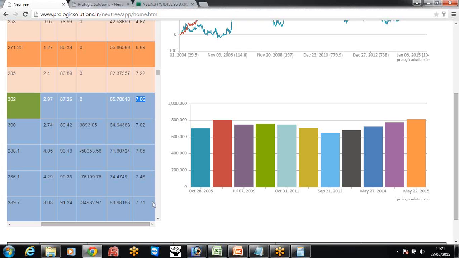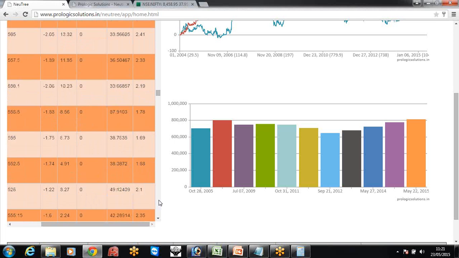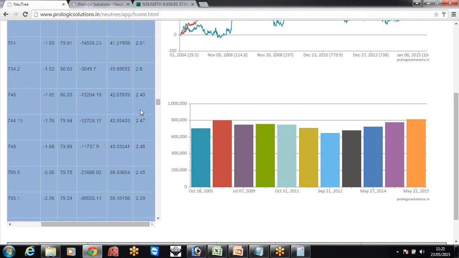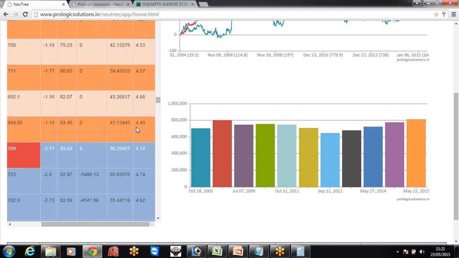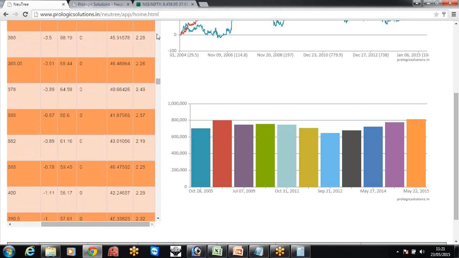Then you should not be entering this trade. The same is the case here, around 4.7%, which we should not have at all. Roughly around 2.5, 2.6 or 2.7, that is the figure, not more than 3 at least. So that is one of the reasons why you'll see lost trades.